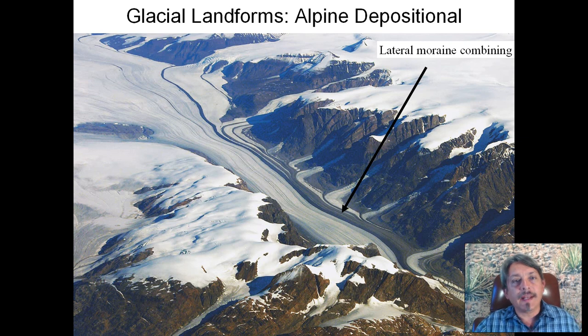Here we see a set of lateral moraines. Moraine is basically where the glacier is rubbing up against the side of slopes and plucking out bits of the bedrock and then taking it down as gravel. And then as it meets others and tributaries, they accumulate and get wider and wider as you go down the valley here.